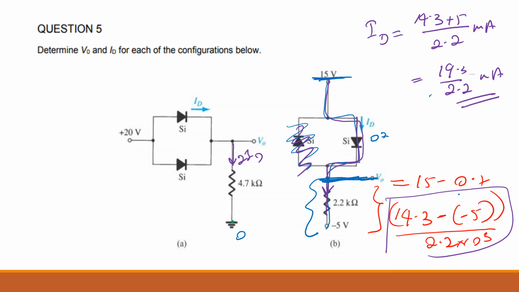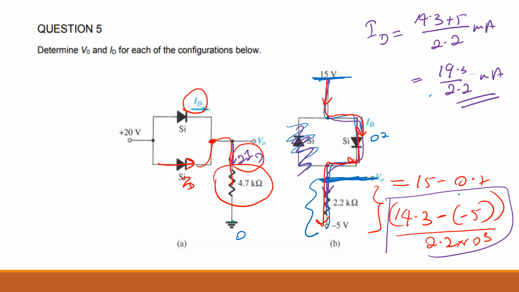Why is it dividing by 2? That's what I told you. Here you have ID current in this path and also ID current in this path, and both the IDs are going this way. So you have 2 ID flowing across that resistor. But in this one, the same current, ID, is going this way, isn't it? There is no other ID connected to this.